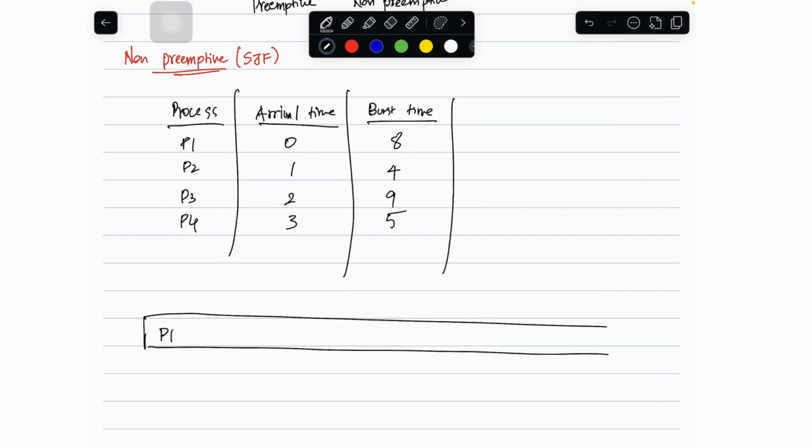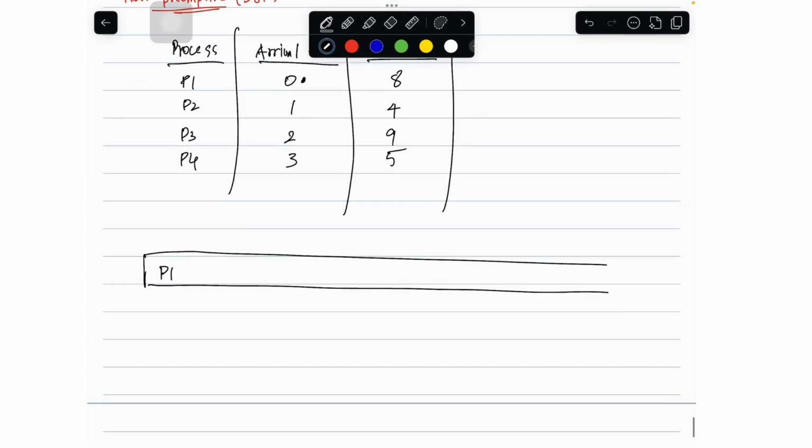So the arrival time is 0, so we have no choice but to dispatch the process P1 to the CPU, and it will take 8. The burst time is 8, so 0 to 8. Now, at the time slice 8, processes P2, P3, P4 are already in the ready queue.